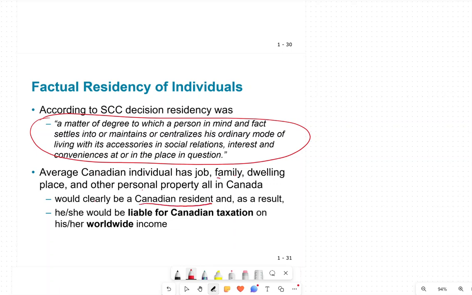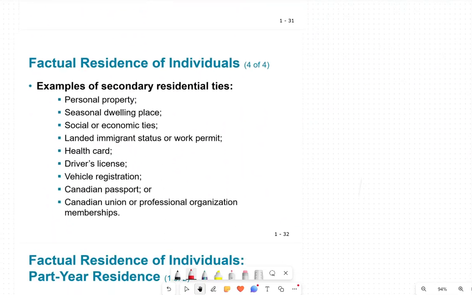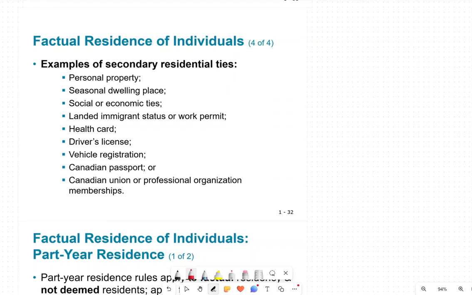If you have a family in Canada, a house in Canada, and other property, investment property or any type of property, you will be a Canadian resident. As a result, you will be liable for Canadian taxation, and you will have to pay taxes on your worldwide income.